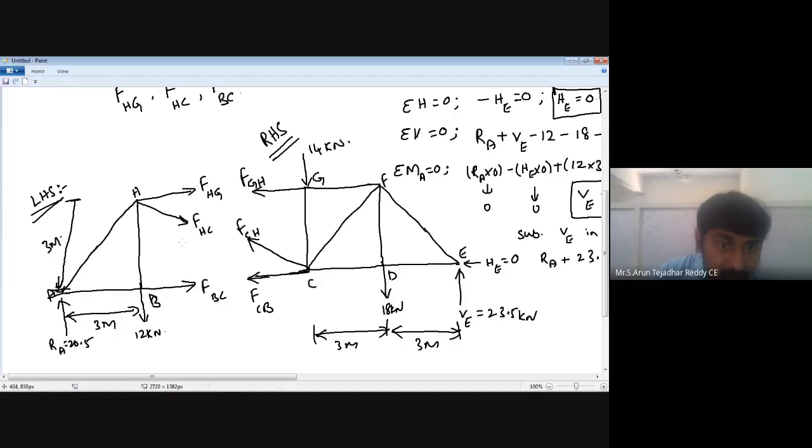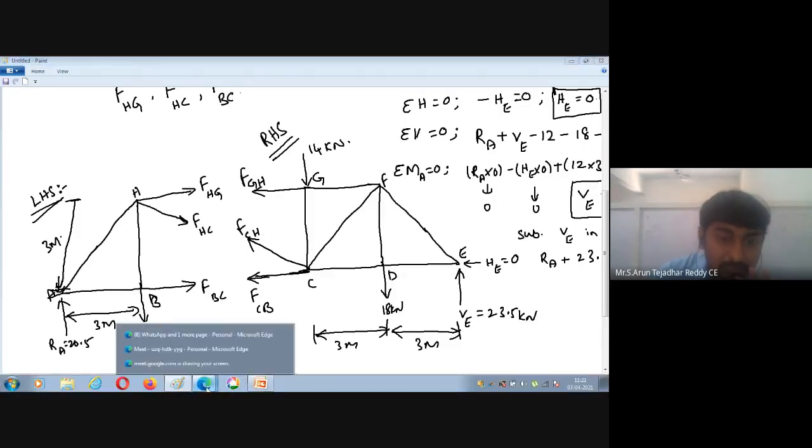At the end of the problem, whatever values we get on the left hand side, the same values should be on the right hand side also. If FHG is not equal to FGH, then it is wrong. Always FHG must be equal to FGH, FHC equal to FCH, FBC equal to FCB.